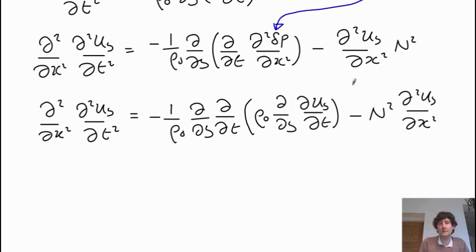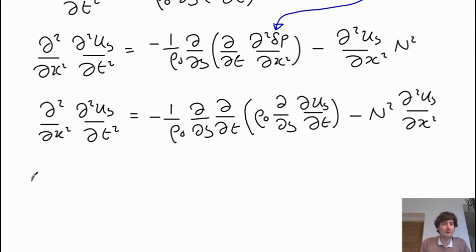Okay, so now this takes a bit of manipulating. So the d by dt's, we can move through all these quantities, so rho naughts and d by dy's, and so we can group that together into a second derivative in time. We have a 1 over rho naught and rho naught here, which can't in principle move through d by dy's, so we have to keep them for now. But we can group together the d by dt's into the second derivatives here.